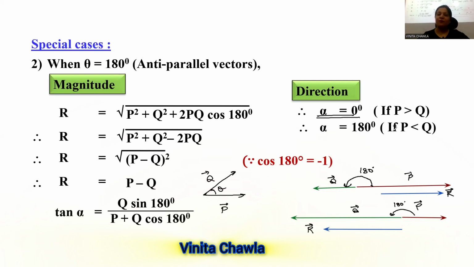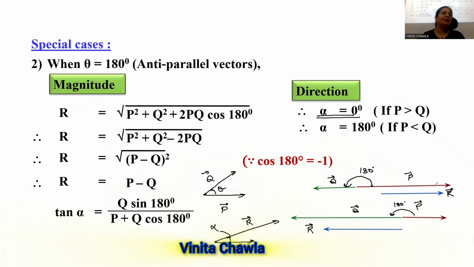But the difference is, if P is greater than Q, then alpha is 0 degree, pointing in the same direction as P. This angle alpha is the angle between vector P and the resultant vector R. So here the angle between vector P and vector R is 0 degree.